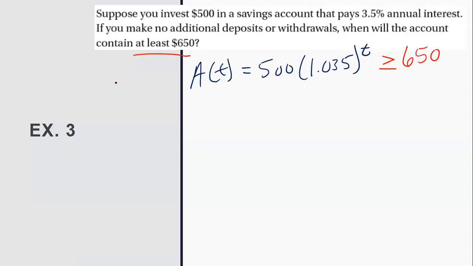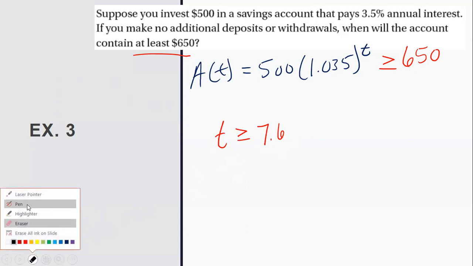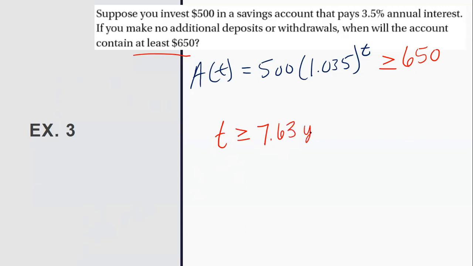So according to our table, in our chart, we had that t has to be greater than or equal to 7.623 years. Okay, so that would be my answer. So notice how we put one function in and then the other function in, found their intersection and used the correct inequality.